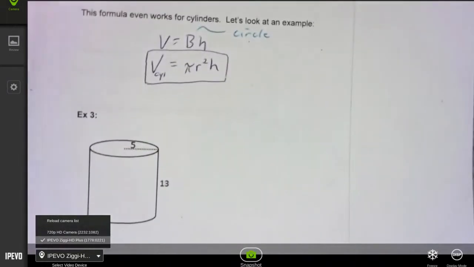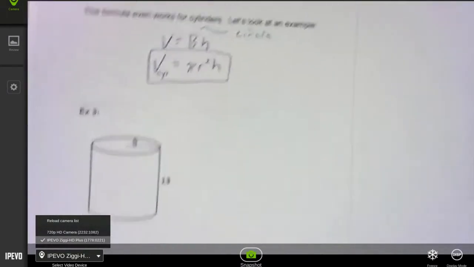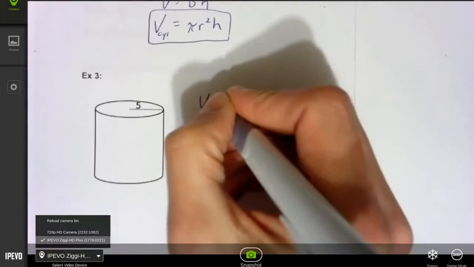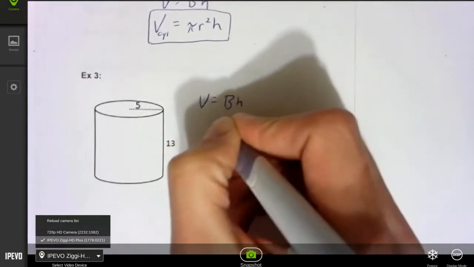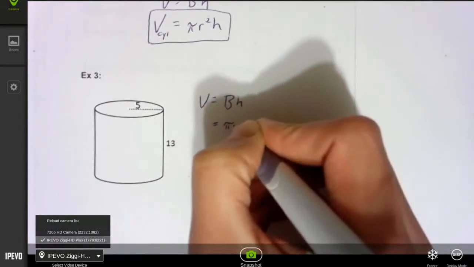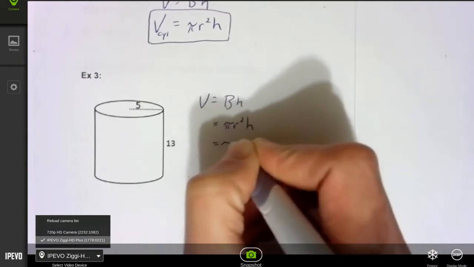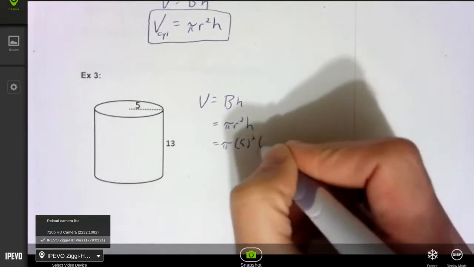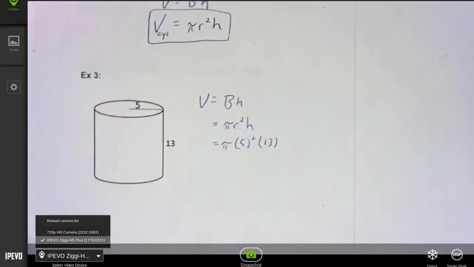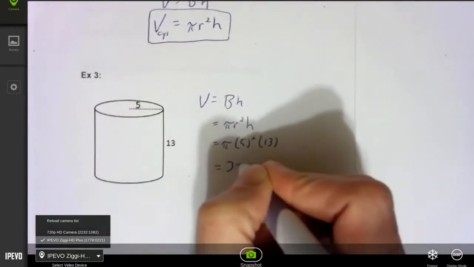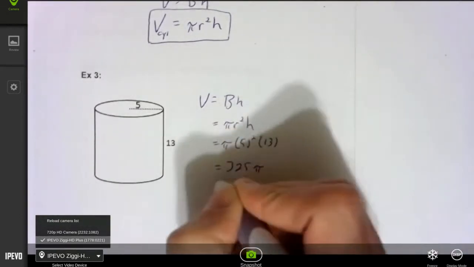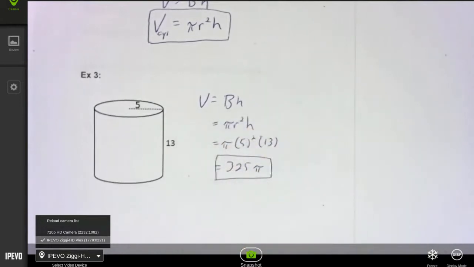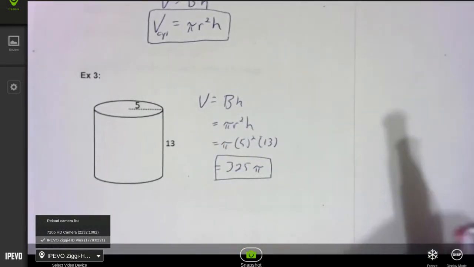So when I'm looking at a problem like this one, I can say my volume is area of the base times the height, but my base is pi r squared, so pi r squared h. What's my radius? Oh, that's 5. What's my height? Well, that's 13. So basically it's 25 times 13, which gives me 325 pi, and there's no units, so we'll just leave it like that. So very simple formulas, okay?